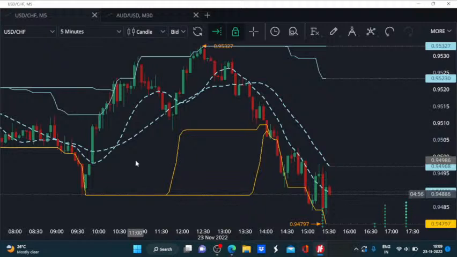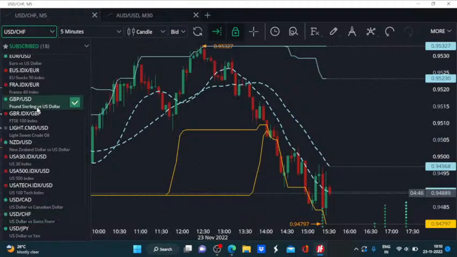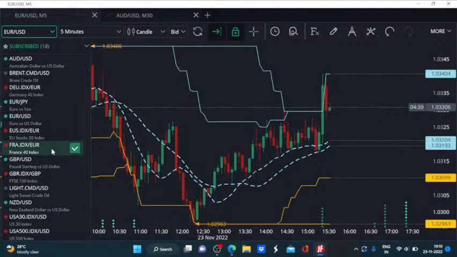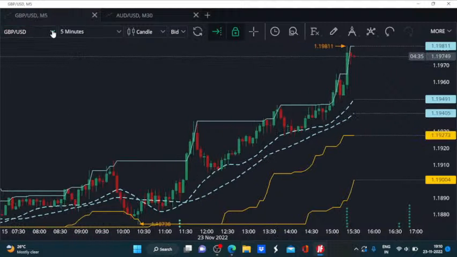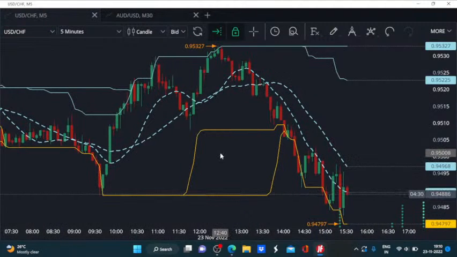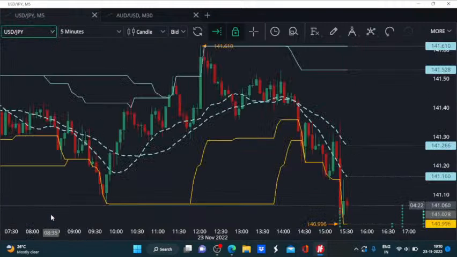That means USD is on the losing side, and if we compare it to the other currency crosses, we will be able to judge its strength of momentum, and in that respect I think USD CHF is leading. It is just behind the GBP USD in terms of its strength against the dollar. So CHF looks quite strong, and it should be the second choice if you are expecting the continuation of the bearishness in the US dollar.